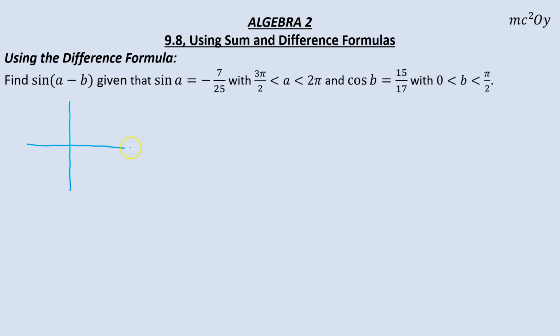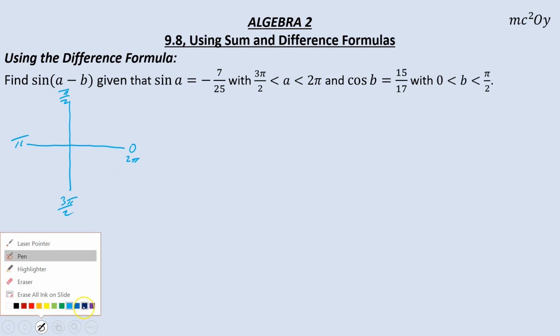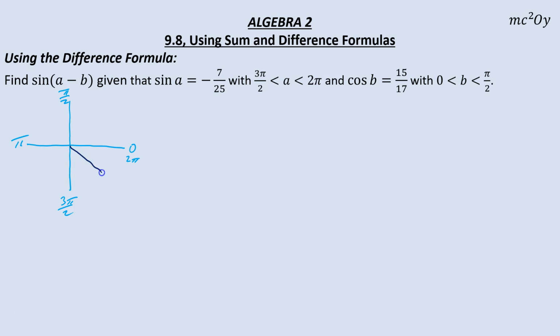So let's get this: radian 0, that's pi over 2, that's pi, that's 3 pi over 2, and that's 2 pi. So I have an angle here that's somewhere over here. Let me switch up color so you can see it a little better. A starts here, rotates around, so A gets to be right there.